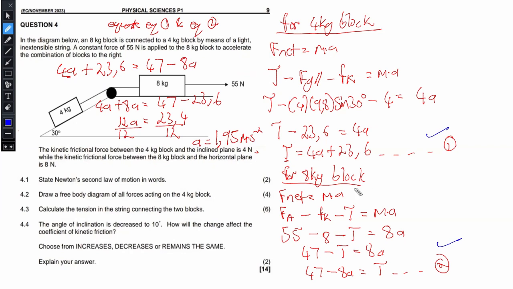So it doesn't matter in which equation we substitute in, right? Because since they are all equal to t, I should get the same answer. So let's say I choose to substitute in equation 1. This will be t is equal to 4 times 1.95 plus 23.6.